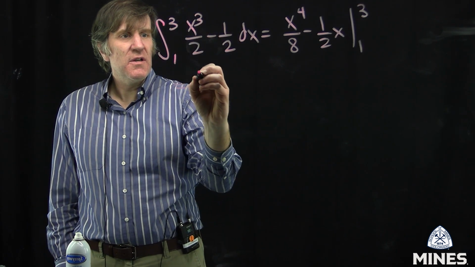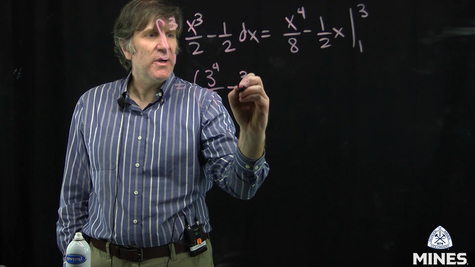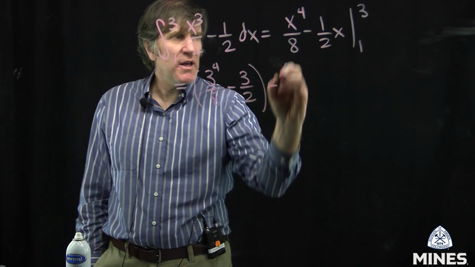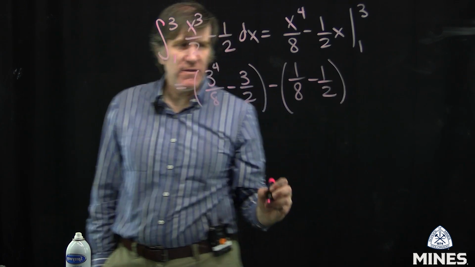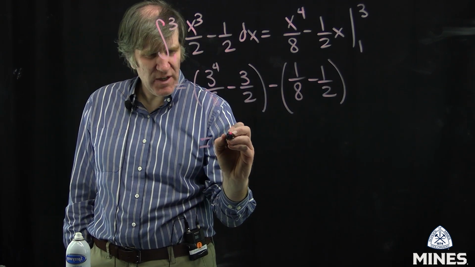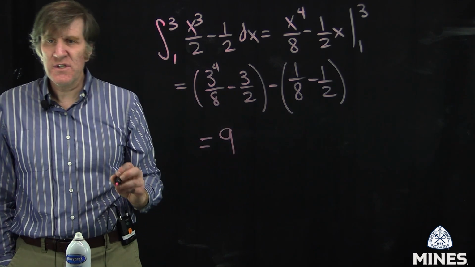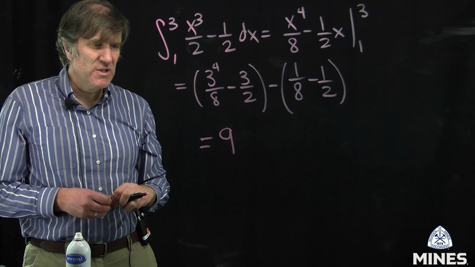So this is 3 to the 4th over 8 minus 3 halves, minus 1/8 minus 1/2, and that all comes out to equal 9, which is the volume under that surface above the region that was indicated.